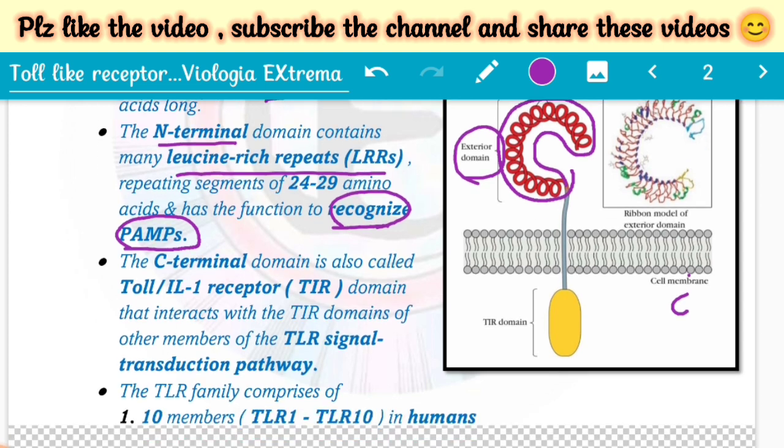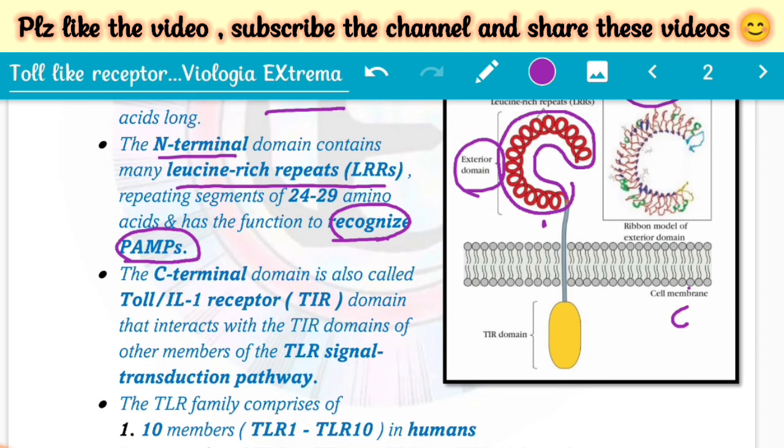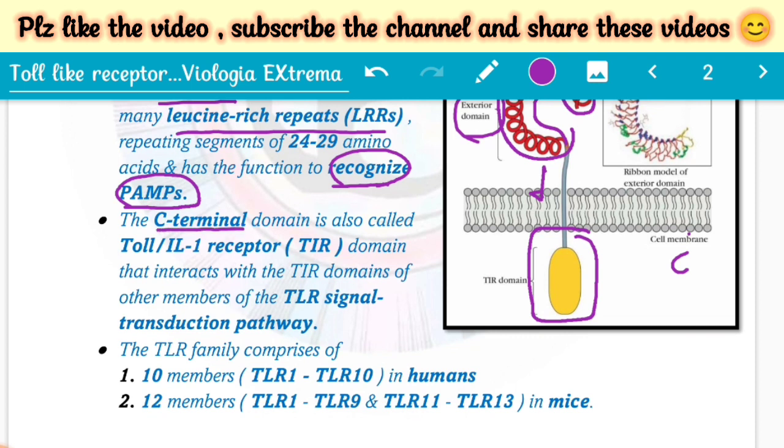Getting me? And if we talk about the C-terminal, what happens when a ligand binds the LRRs? It transmits the signal through the membrane spanning region, and then the membrane spanning region transmits the signal to the cytoplasmic region. The cytoplasmic domain, or intracellular domain, or C-terminal domain, because in the case of TLRs the cytosolic domain is the C-terminal domain.